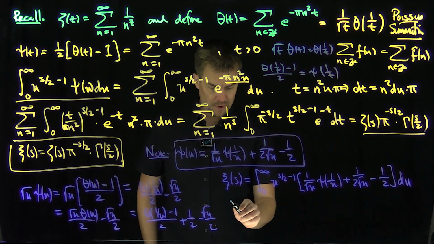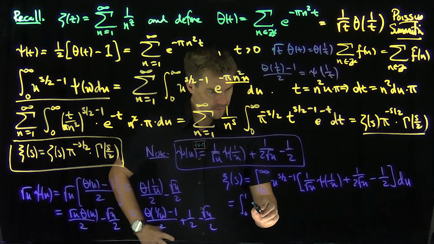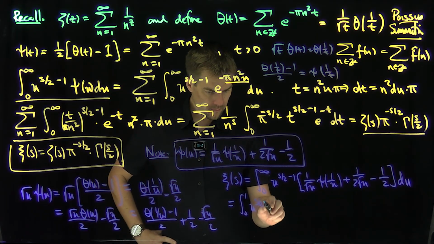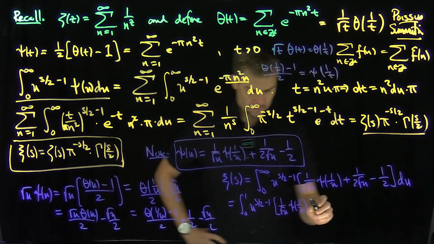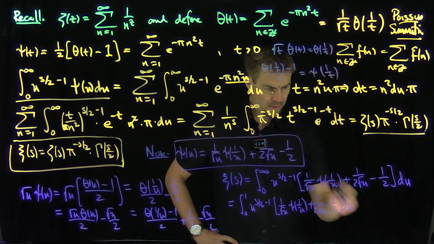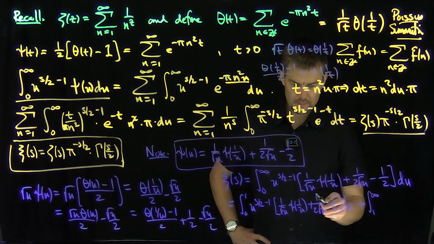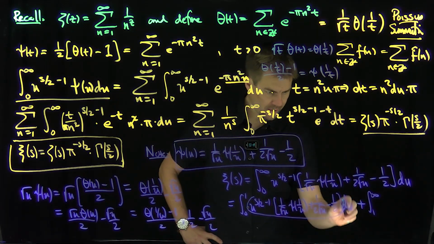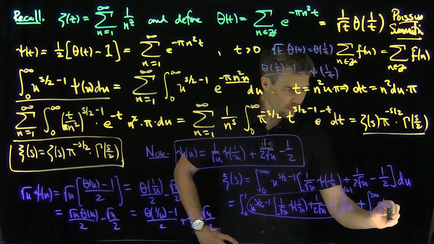The first part of the integral we're going to split is the integral from 0 to 1 of this expression, plus 1 over 2 root u minus 1/2 du, and then plus the same integral over here from 1 to infinity. Call this thing over here just g of u, and I'll put a g of u du over here.